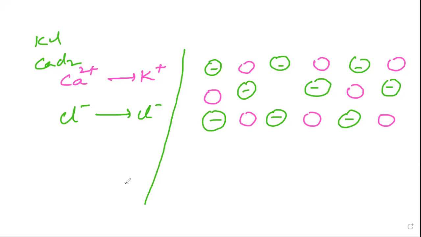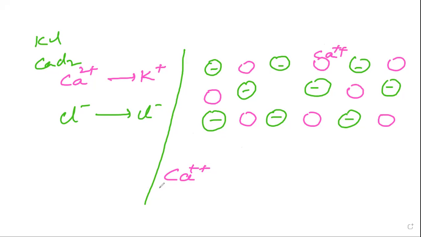In the production of lattice vacancies by solution of CaCl2 in KCl, to ensure electrical neutrality a positive ion vacancy is introduced into the lattice with each divalent cation. Divalent means two valent cations, those are Ca2 plus. The two Cl minus ions of CaCl2 enter normal negative ion sites.